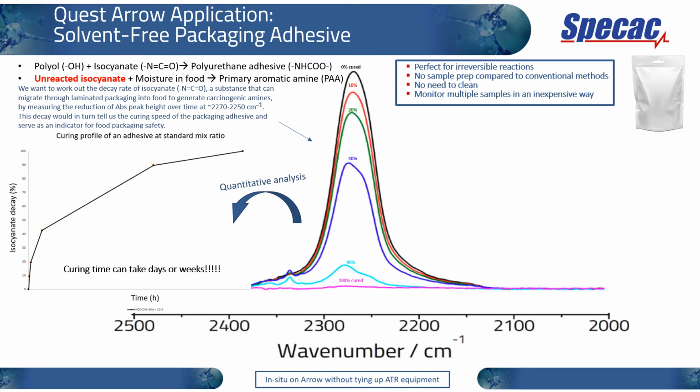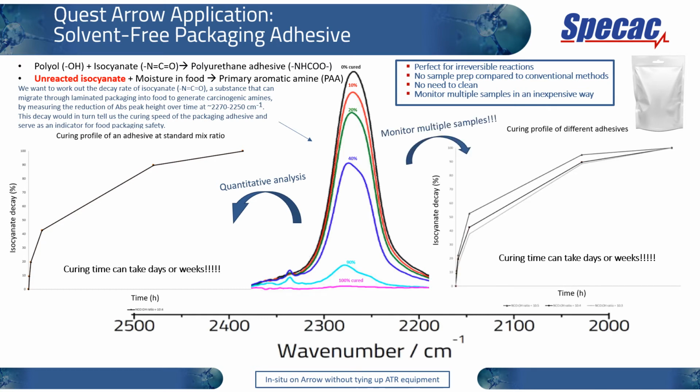And in the next animation, you can see that the Arrow could be used to measure the isocyanate decay rates against time, and that curing time can take up to days or even weeks, and this is why the Arrow is ideal for this sort of application. And in the next animation, you can see here that even multiple Arrow slides could be used to monitor different variables that determine the curing rate of the isocyanate.